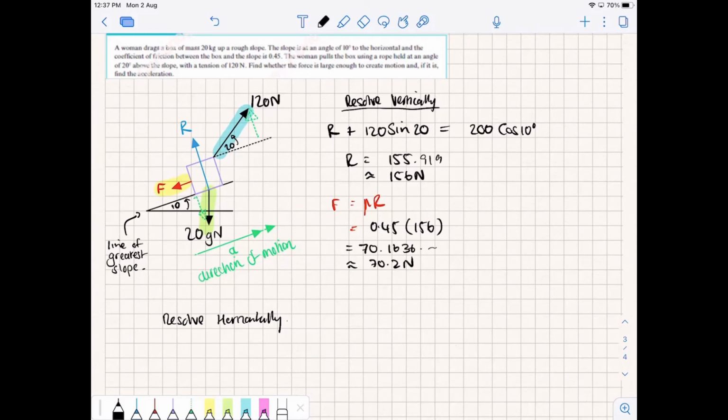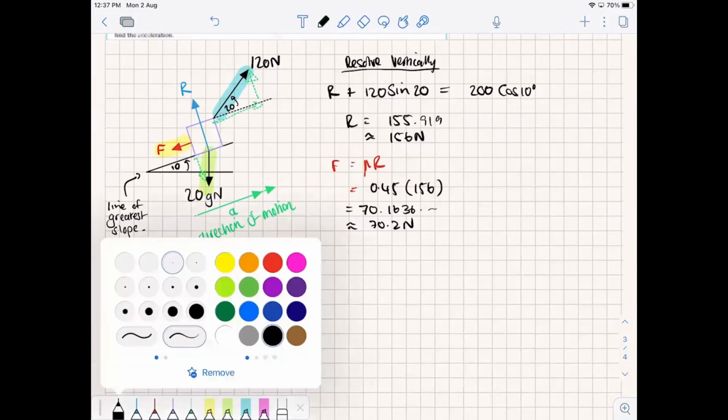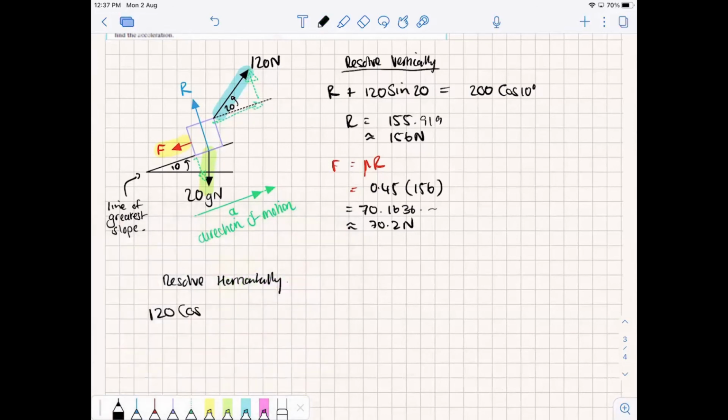Okay, again, remember we are assuming that the direction of motion is up the hill, and we need to remember that if we get a negative answer, we might not get what we assumed. So the force is acting up the hill. The only force acting up the hill is that 120 Newton, but now we want the horizontal component of that force. That's going to give you cos of 10 degrees.